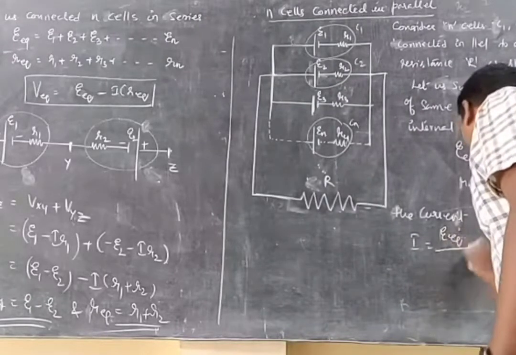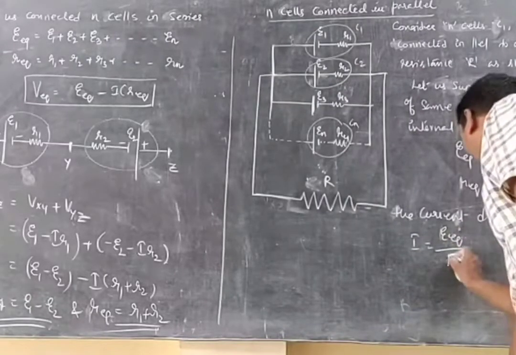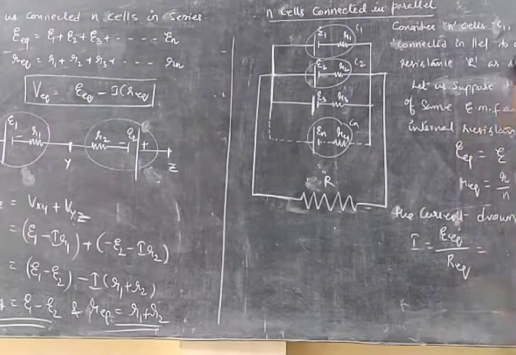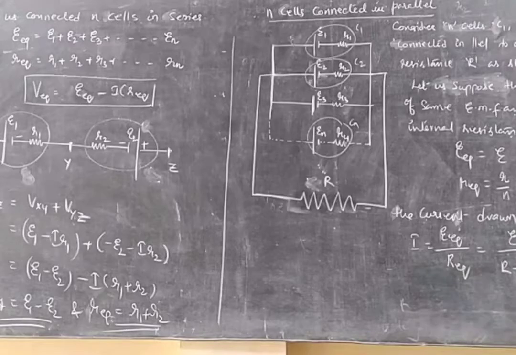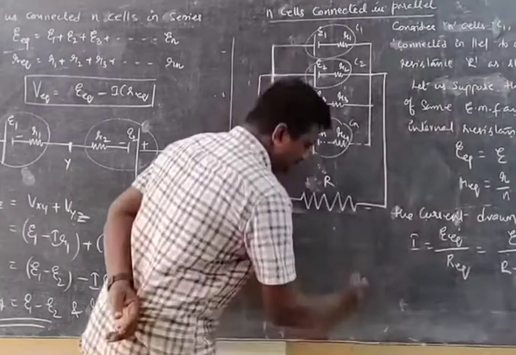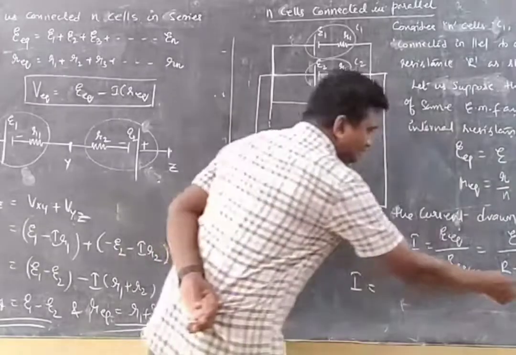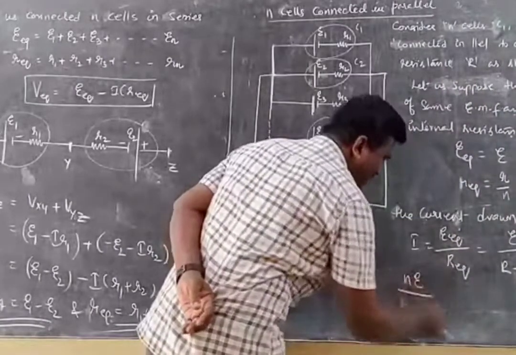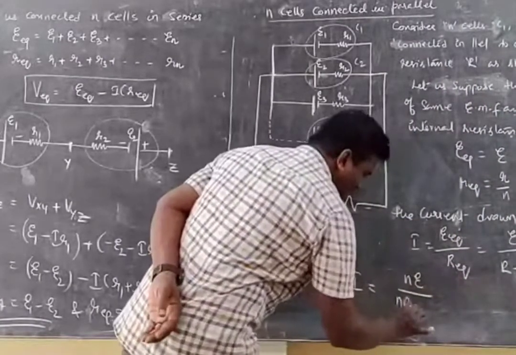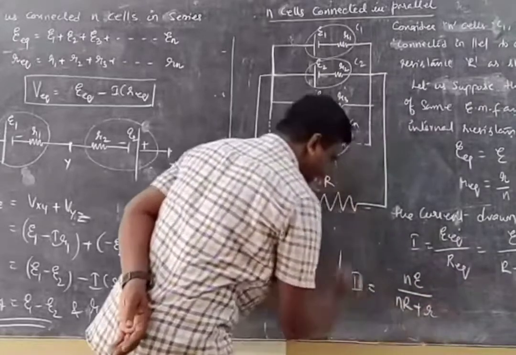I is equal to E equivalent by R equivalent. So this becomes E by R plus R by N, which is N E by N into R plus the internal resistance.